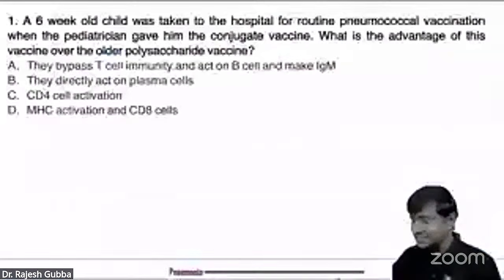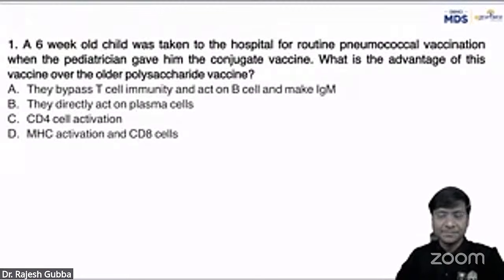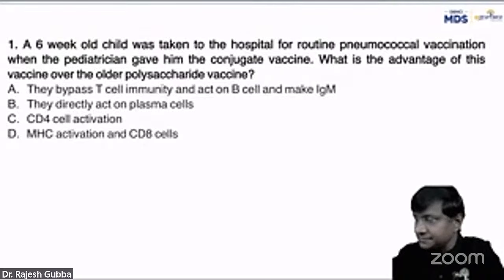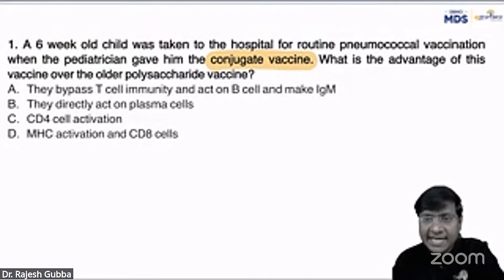So let us start with the first question. We have a 6-week-old child who was taken to the hospital for routine pneumococcal vaccination when the pediatrician gave him the conjugate vaccine. What is the advantage of this vaccine over the older polysaccharide vaccine?